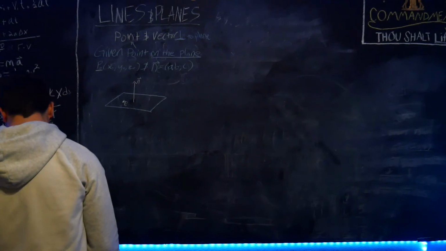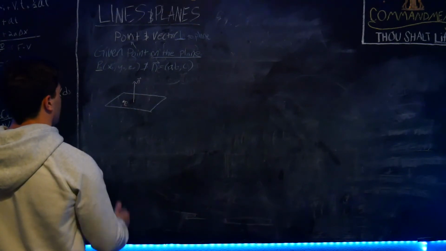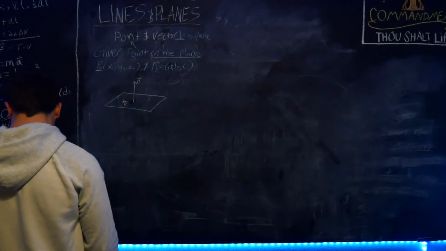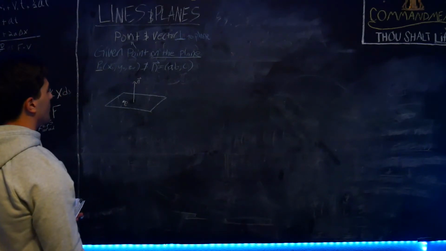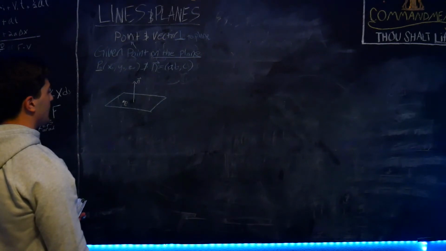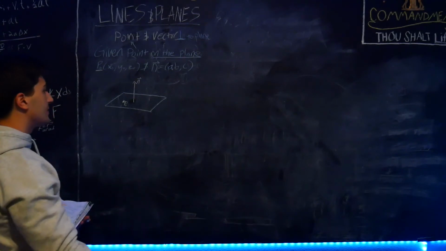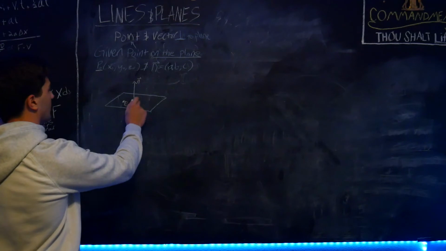Okay. So what do we know about these two? It doesn't really look like we can do much right now, and that's for good reason, because it's just like the last one where we need to pick any other arbitrary point on the plane.